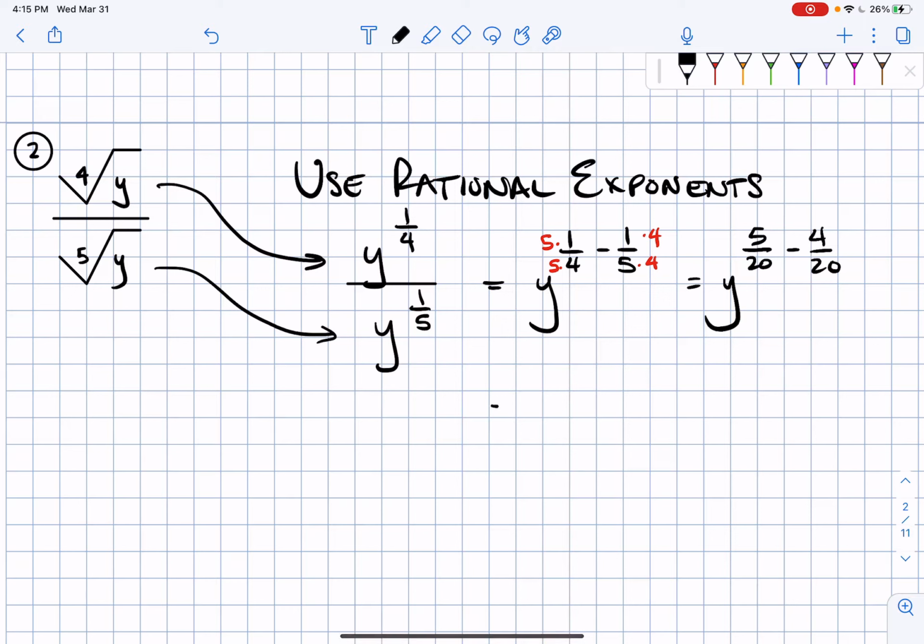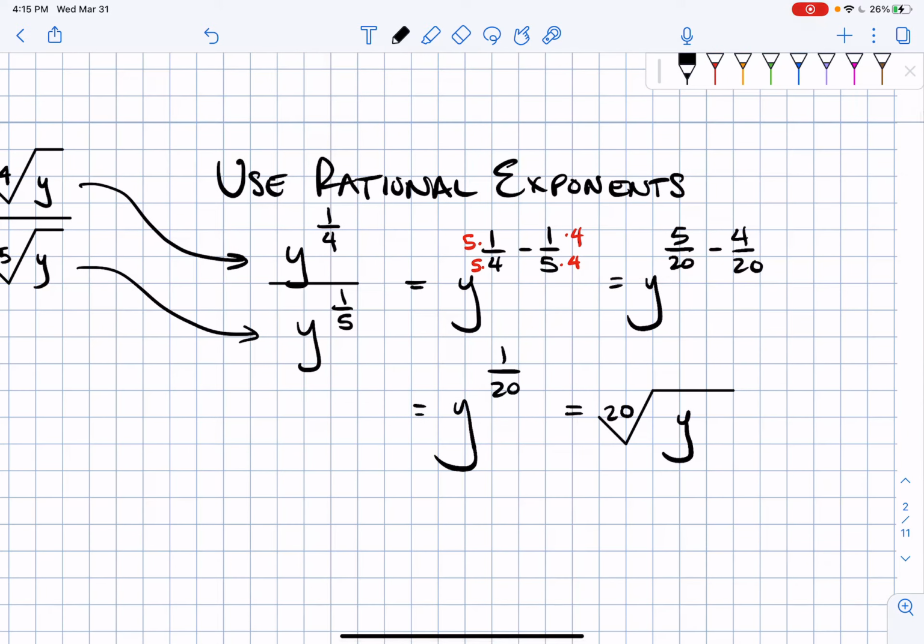So I have y to the 1/20. Since it gave it to me in radical form, I have to put it back in radical form. So I have a y, and the power is 1, and the index or the root is 20, and there is my answer, and that is choice A.